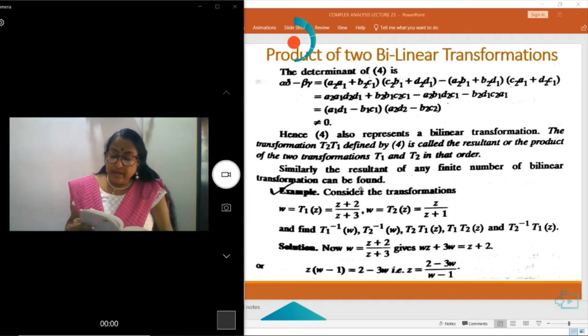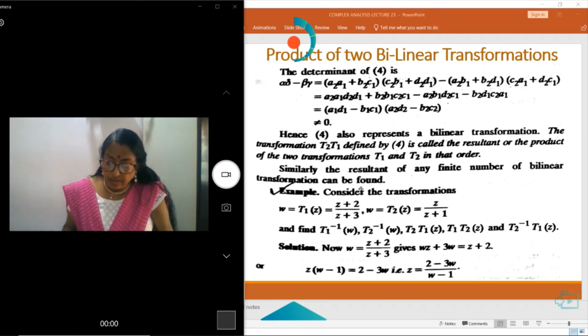And this is known as tau 1 inverse W. Similarly, W is equal to Z by Z plus 1, and after solving it, we get Z is equal to minus W by W minus 1. So tau 2 inverse W is equal to minus W by W minus 1.